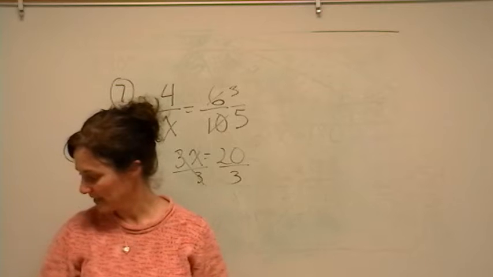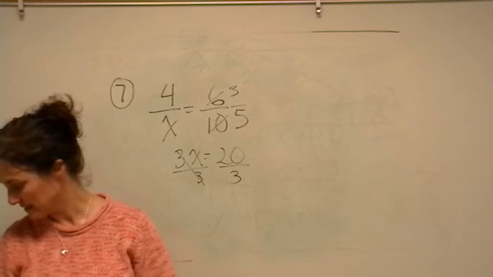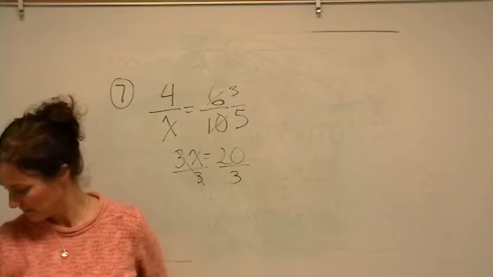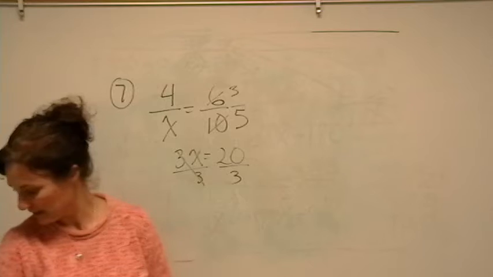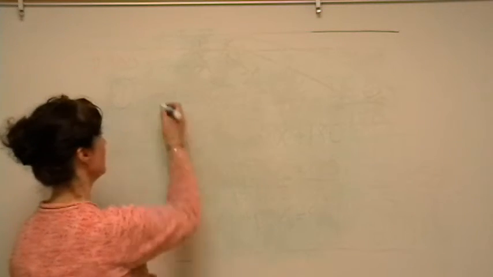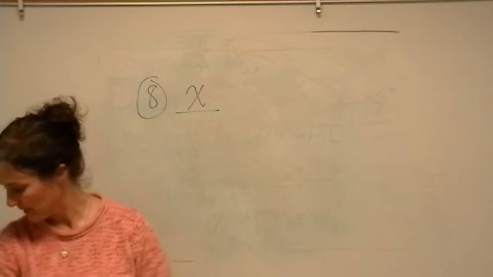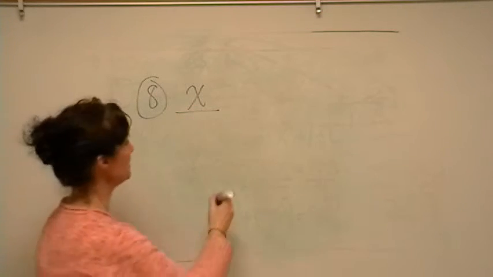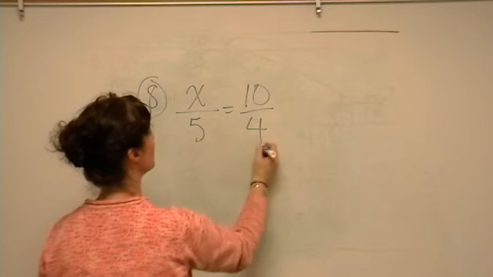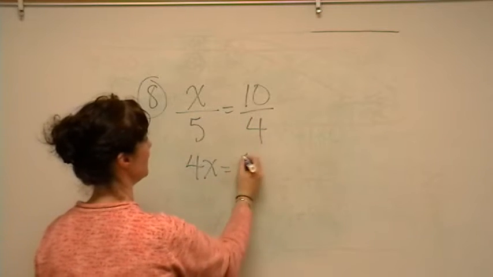All right, number 8, you're given CD is to DB as CE is to EA. So CD is the one we're looking for, and we have x. X is to 5 as 10 is to 4. 4 times x is 4x, and 5 times 10 is 50.